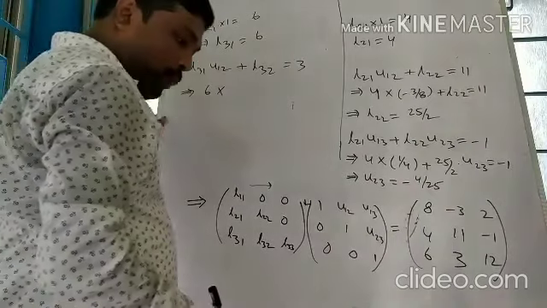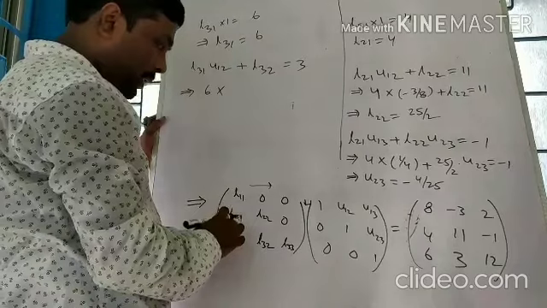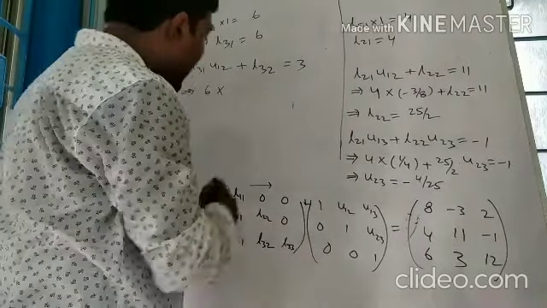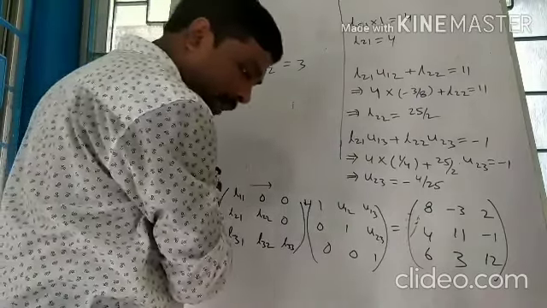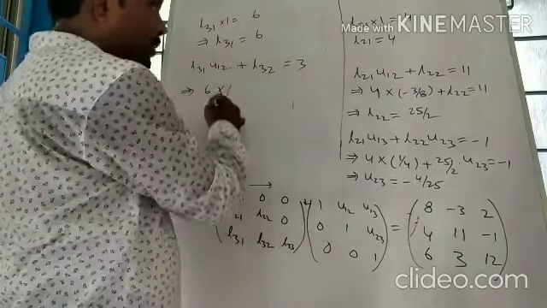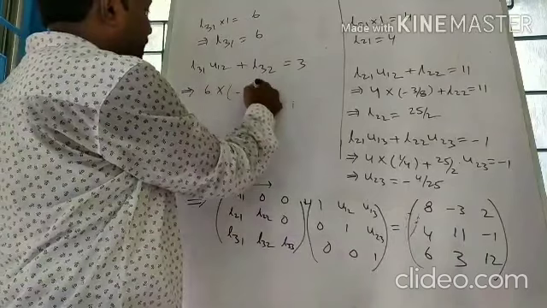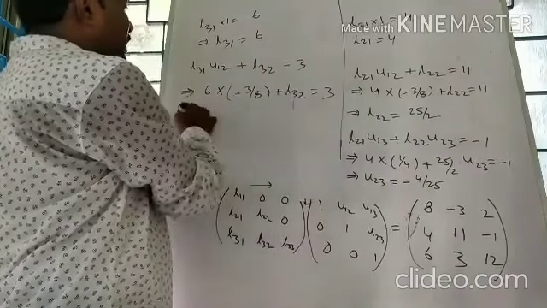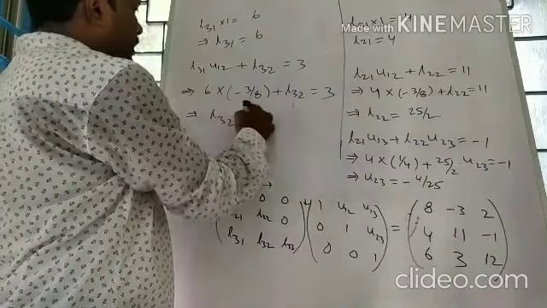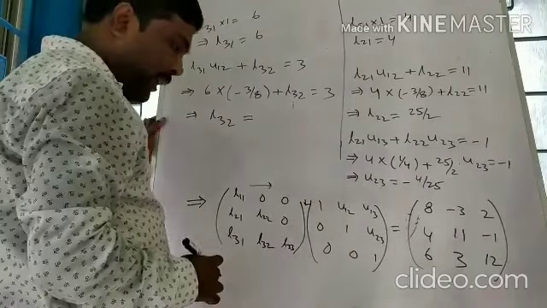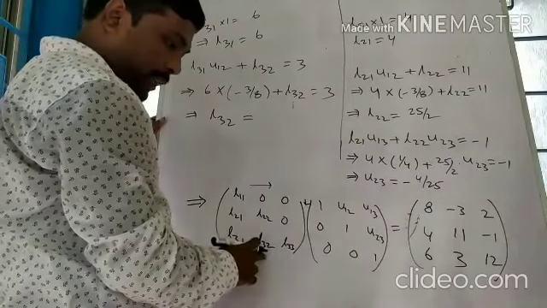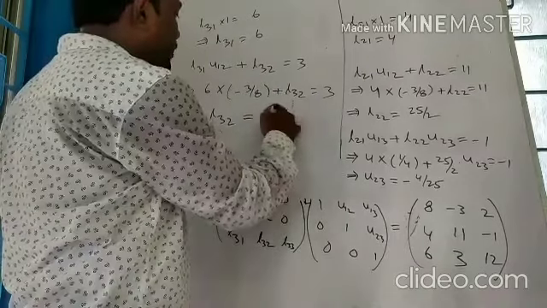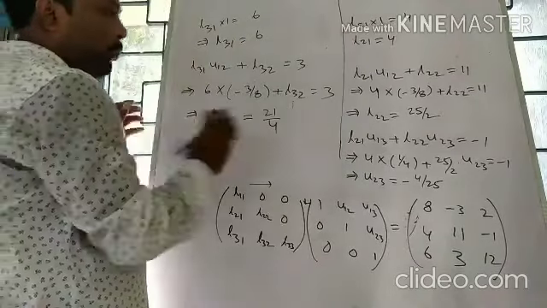U12 is minus 3 by 8. So 6 into minus 3 by 8 plus L32 equals 3. So calculate L32. Just simplify, L32 is 21 by 4.